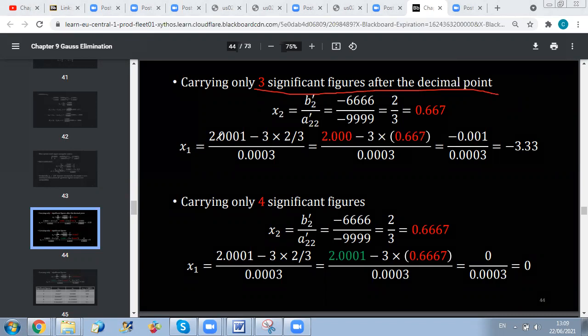So you can take 3 figures after the decimal point even if you have 2 here. But if we were talking about the number of digits the computer can store, it would be different.